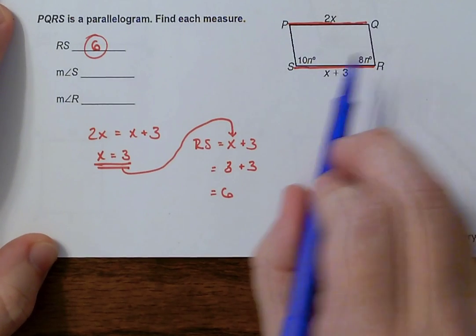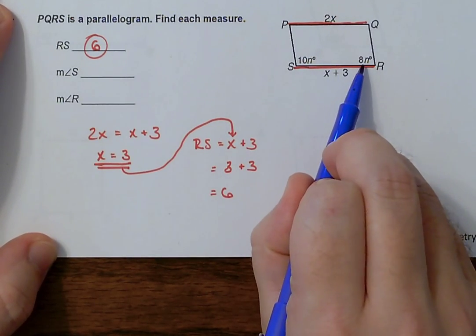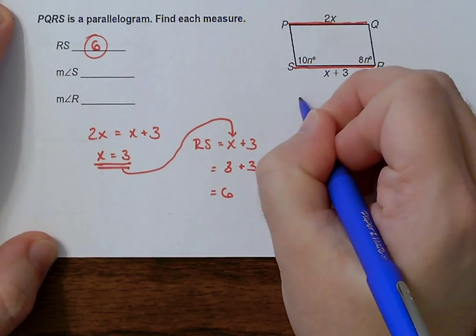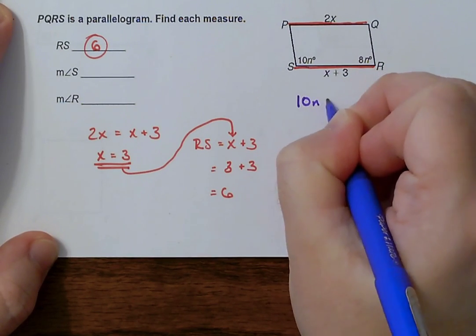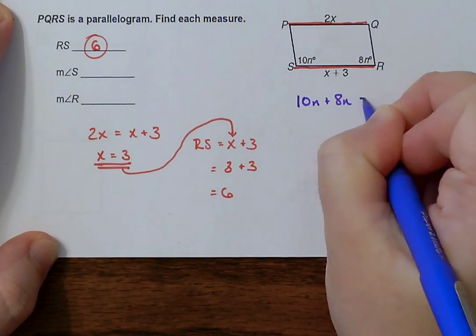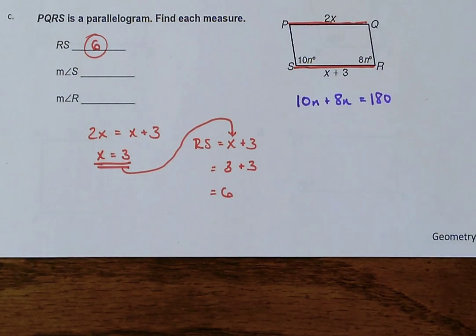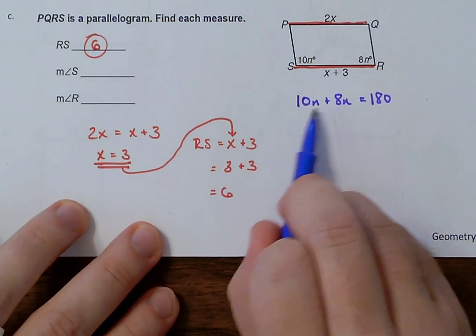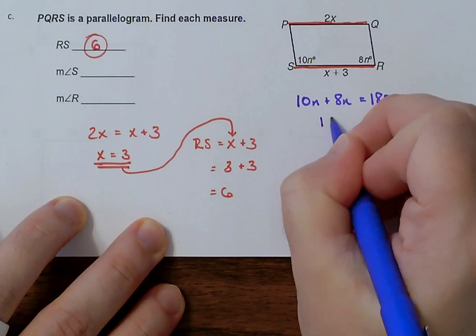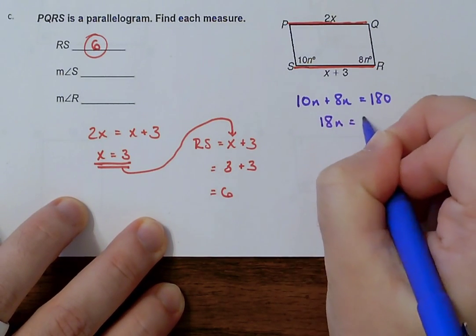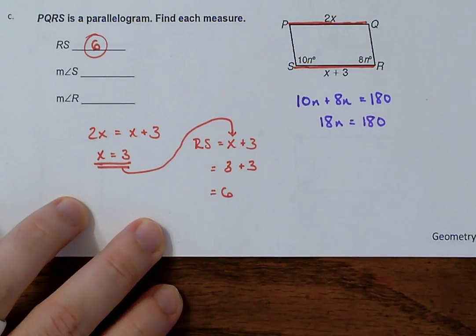So we're going to take 10n plus 8n, and set it equal to 180. So all we need to do is solve for n. 10n plus 8n, 10 plus 8 is 18, and that equals 180.